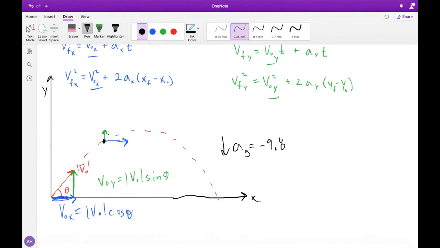And so I drew it this way at this point because once this ball gets higher, the velocity in the up and down direction is going to be a little bit less. And then here at the peak, the ball basically stops and starts to come back down.